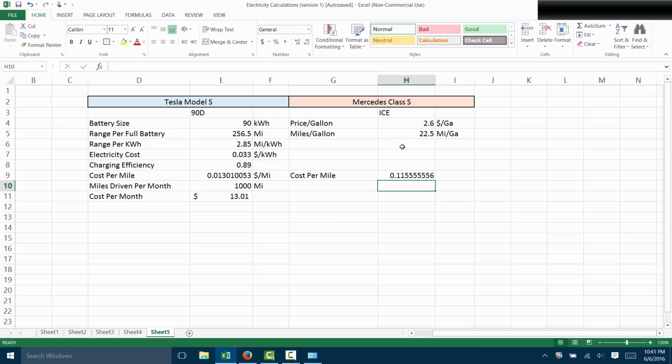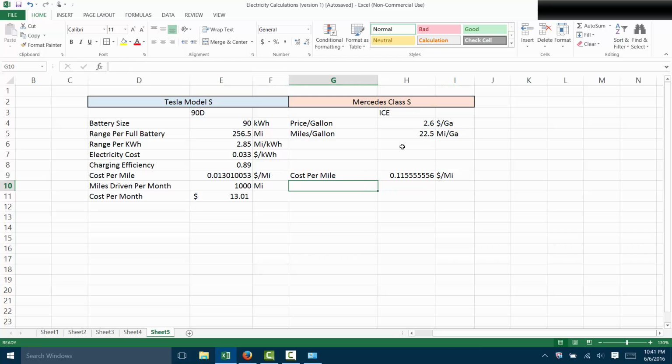So that is going to be dollars per gallon, sorry, dollars per mile. Okay, so we will be spending 11.5 cents for every mile that we drive using the ICE versus 1.3 cents. So that's the key difference between a Tesla and a gas car.